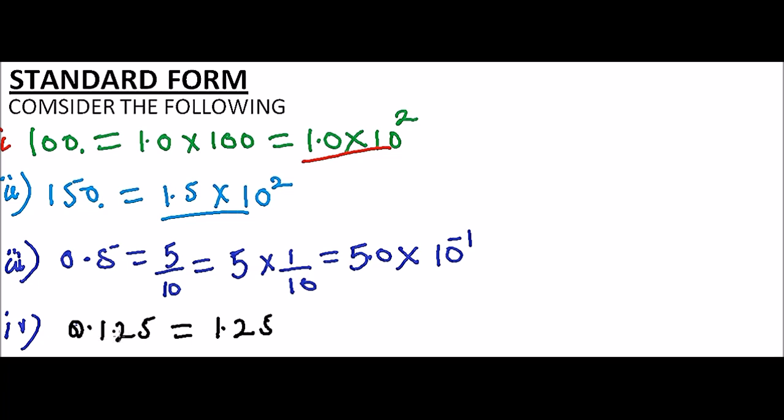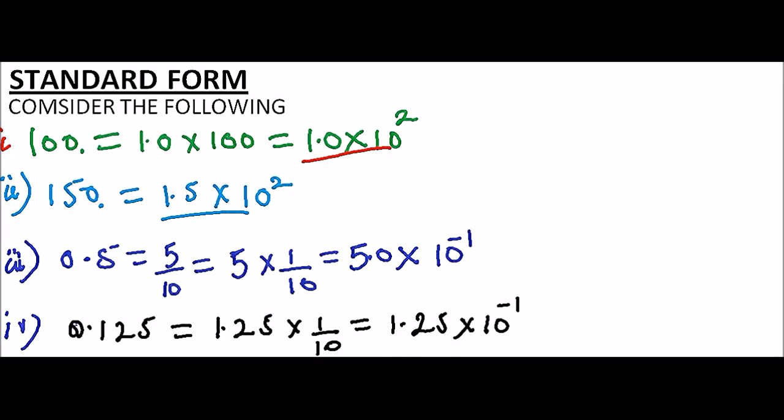So we move it one decimal place to the place in between 1 and 2. So we have 1.25 multiplied by, now when you move to the right, it is the same as 1 over 10. Remember, if you divide 1.25 by 10, you still get 0.125. So this is equal to 1.25 multiplied by 10 to power minus 1. So that is a standard form.